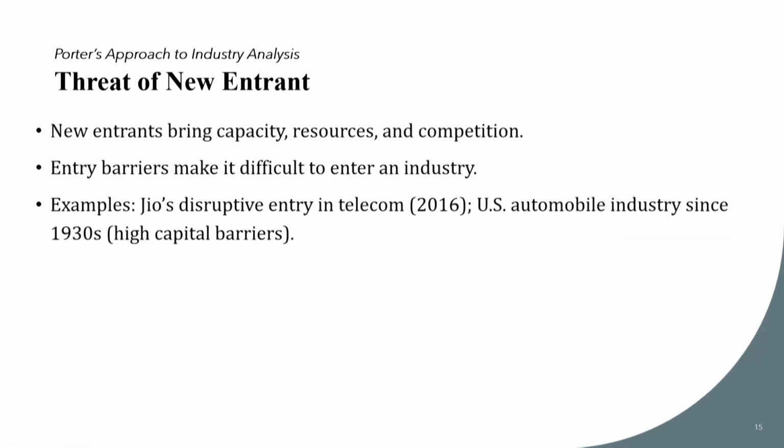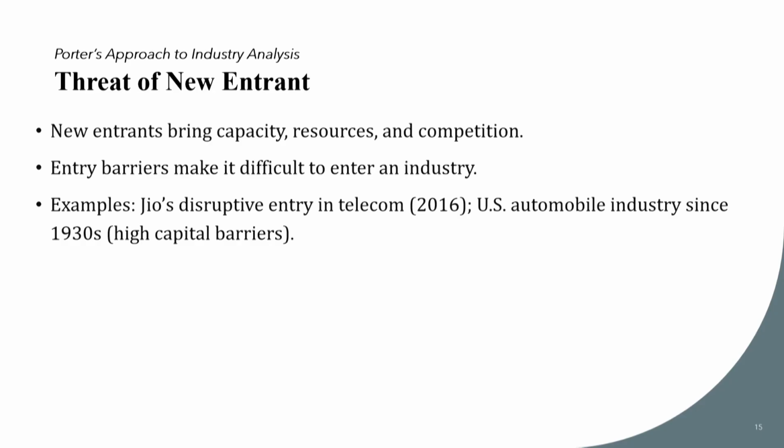Talking about the key aspect, that is the threat of new entrants. When new firms enter an industry, they increase competition, and they will be reducing the profit margin of existing firms in the industry.